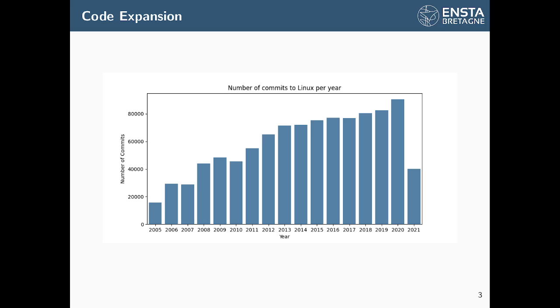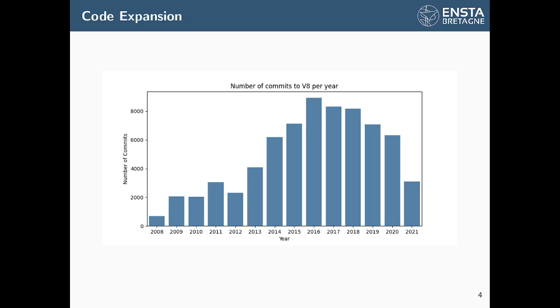To give an example, I just wanted to show the number of commits that are made to the Linux kernel per year. To put in perspective, the Pharo project has 16,000 commits in total. So this is a third of what has been committed to the Linux kernel this year, for now. And to bring the scope a bit down, I would like to show the number of commits to V8.